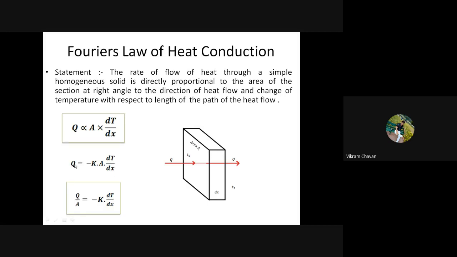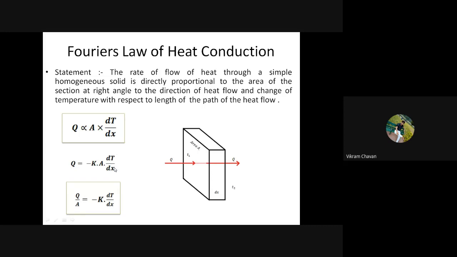where Q is the heat transfer rate, K is nothing but the thermal conductivity of the material. It is called a constant, and this constant is also called the thermal conductivity of the material. A is the surface area perpendicular to the heat transfer direction. dT divided by dx is the change in temperature with respect to length, which is also called the temperature gradient.